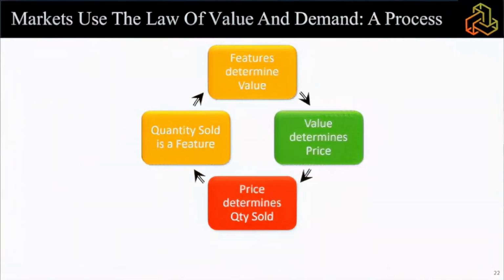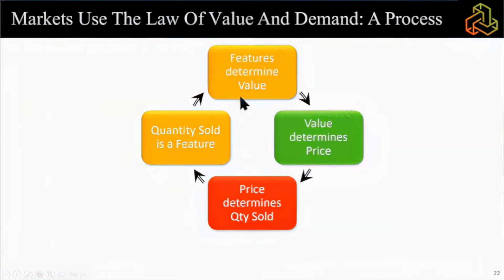So what I've shown you so far is a very detailed dive into a process, and that process is the law of value and demand. It's different than the law of supply and demand. This is a process that we've discovered through analytics, and it doesn't have too much in the way of text to it.